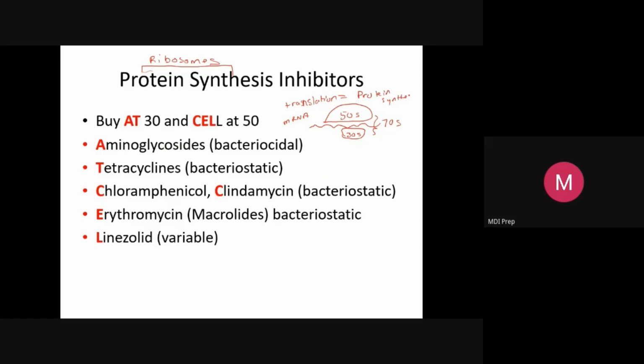Okay, let me recap that for you. You have this bacteria and it's starting to grow. In order for it to get strong, it has to start making proteins. To make proteins, it uses its messenger RNA and sends that messenger RNA to the ribosomes, saying, "Hey, I need you to make me some proteins."